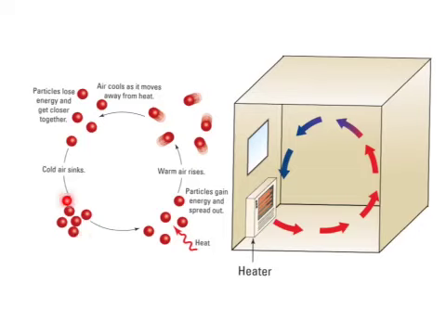As the cool air is down here, not only is it closer to the heater, but it's also closer to each other. So because the particles are closer to each other, that means conduction can happen more easily. Because remember, we just said that when the particles are closer together, conduction can happen more easily.